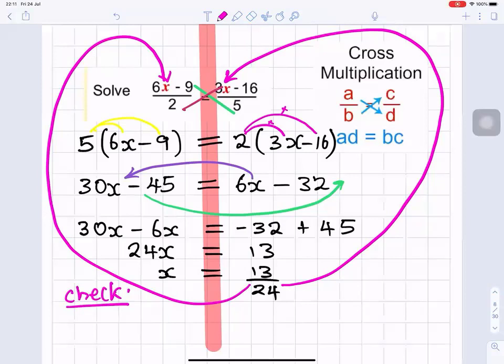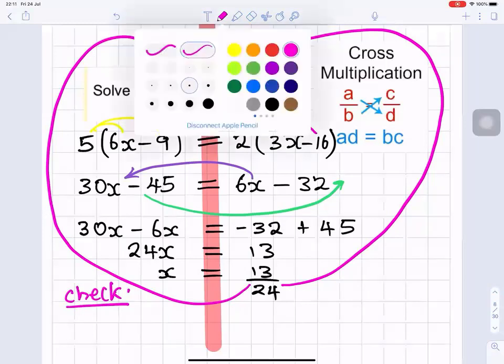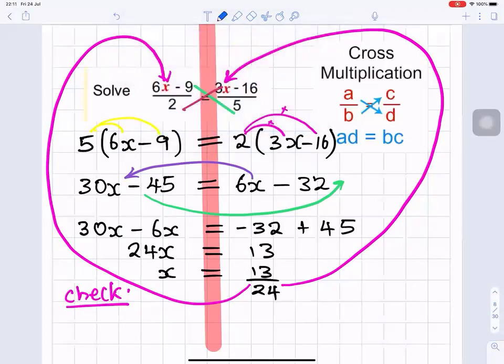So basically, to solve this, step 1, cross multiply. Step 2, remove brackets. Let me put it in, the French people say the menu. You go to a restaurant, they give you the menu. Step 1, cross multiply.